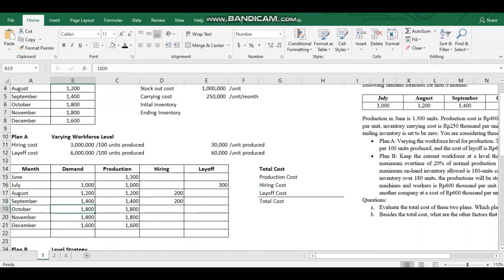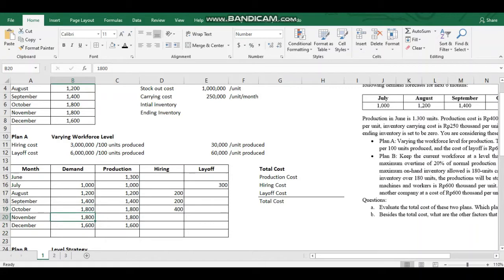And then move to October. Here we have 1,800 units for the demand and production. So it means the demand is increasing from September to October, and we have to hire more units. We have to hire as much as the difference between September and October demand.